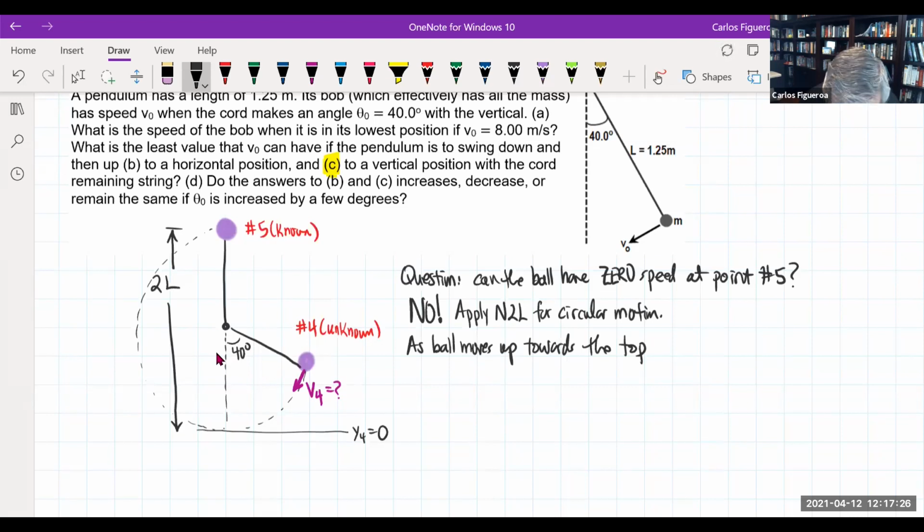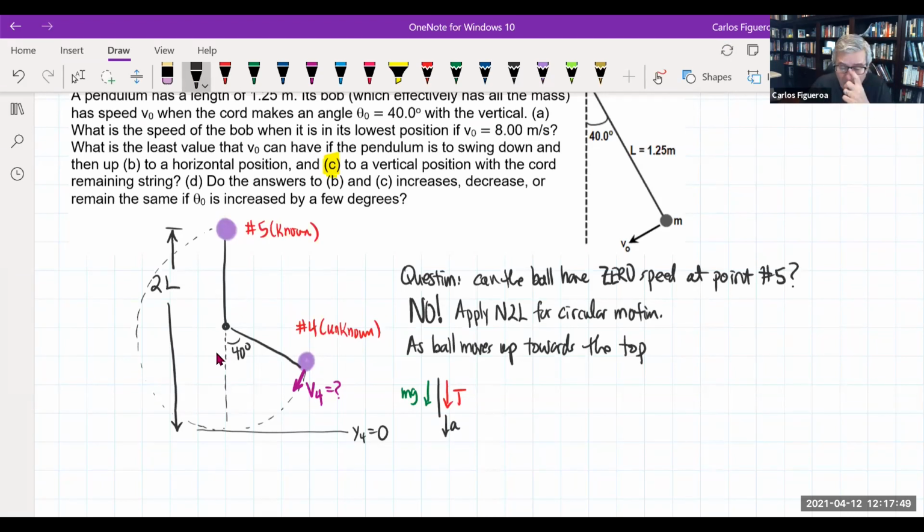If I'm looking at the string and the ball's moving in that direction, you've got mg going down, you've got tension coming down, and we have our acceleration going like this here.